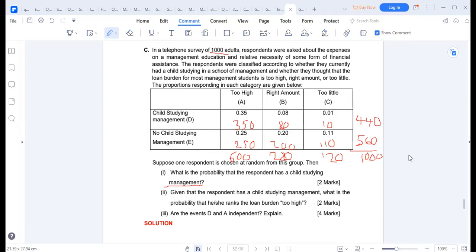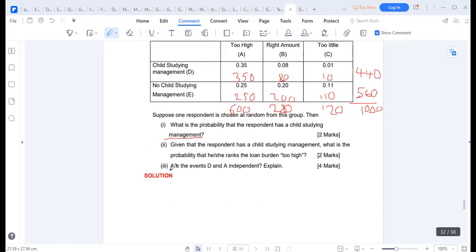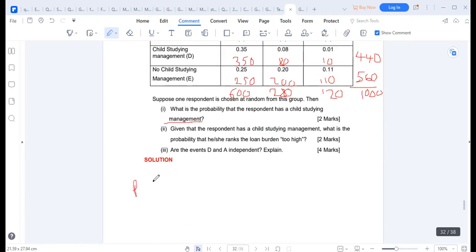So the total number of adults is 1,000. What's the probability of a child studying management? The total for D is 440, divided by the total number of students, 1,000.